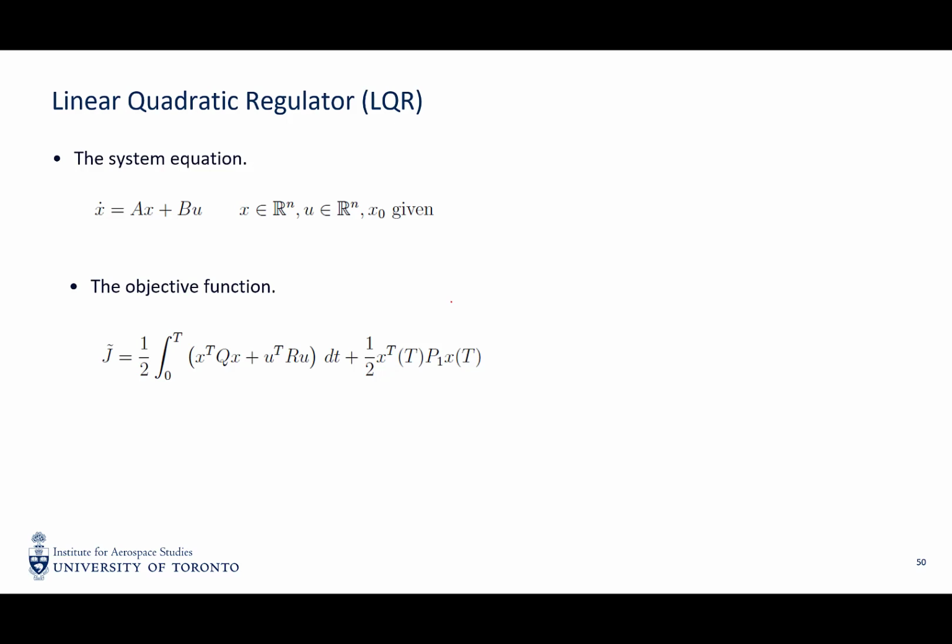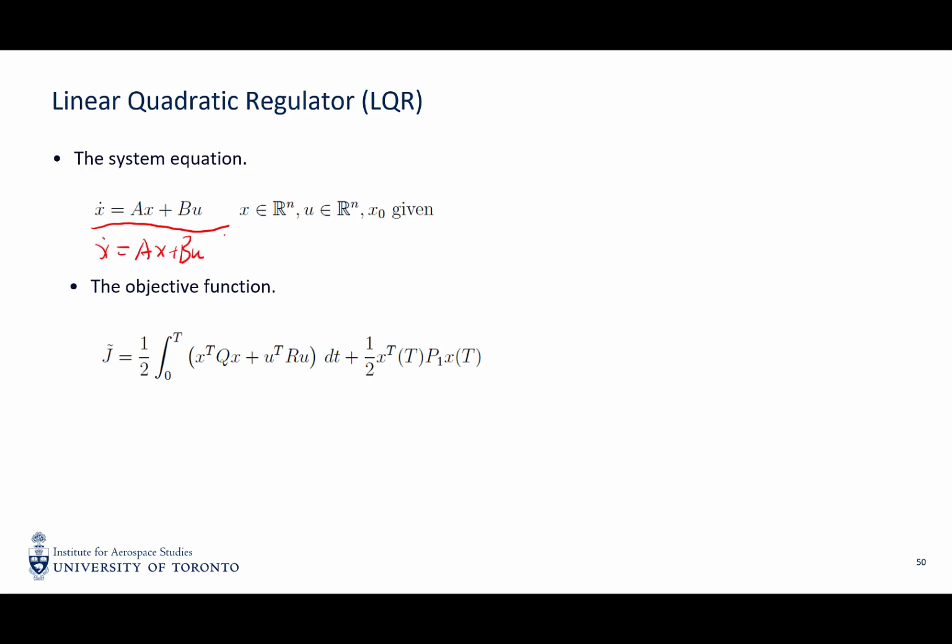So one alternative solution is to use the so-called linear quadratic regulator. It is stated as follows. If we linearize the system at some operating point to get the linearized model, for example, if we linearize the quadrotor at the hovering state, we should have a system of the form x dot equals Ax plus Bu.